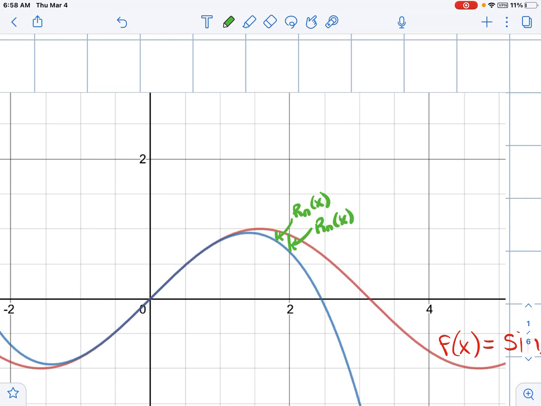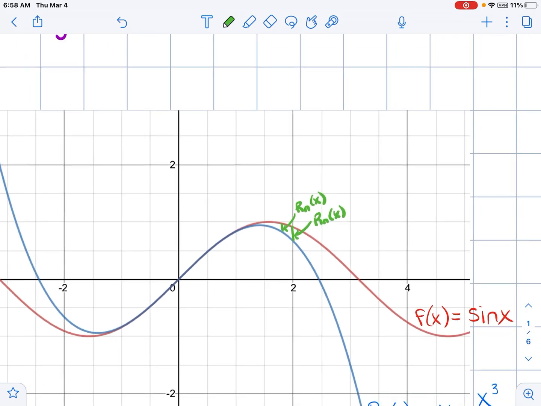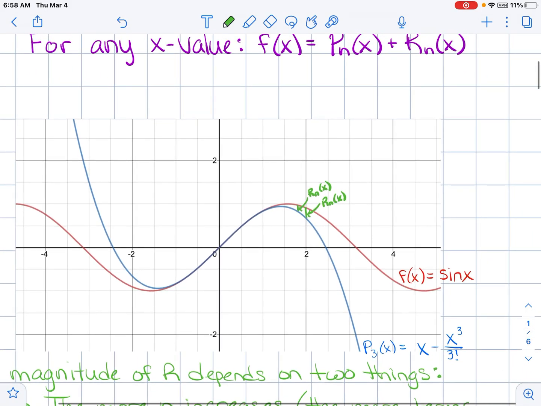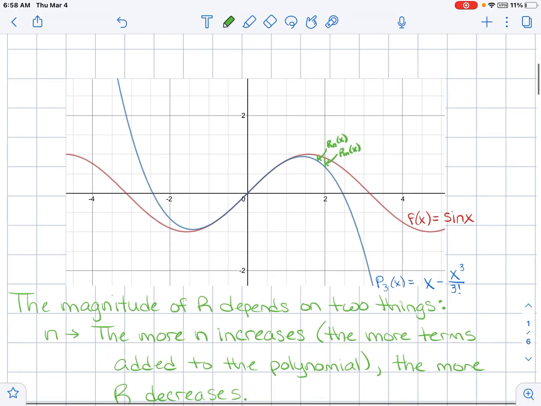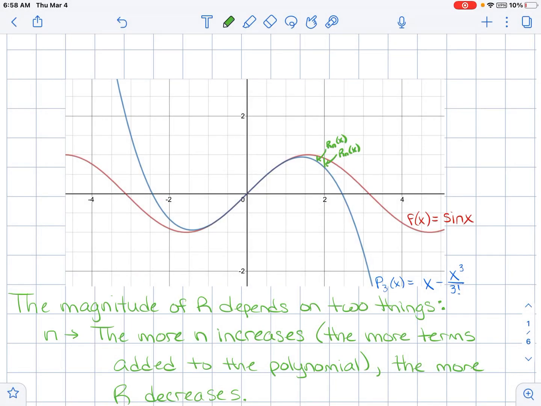So there are two things we have to keep in mind when we're trying to find a closer value to the exact. This remainder is off by a bit in two situations. The magnitude of R, how much R is off by, depends on, first of all, how many terms we have in the polynomial.